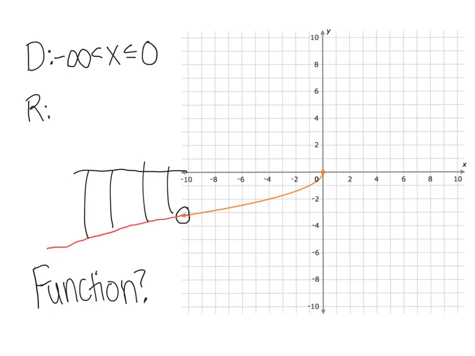Now let's take a look at the range. So the range is y. Now all we care about is the y-axis. So first, what is the smallest that y can be? The furthest down point. So remember, this point here is the smallest point on how we've drawn the graph, but it has the arrow, which means it keeps going down, down, down.